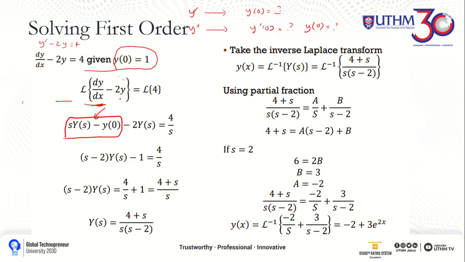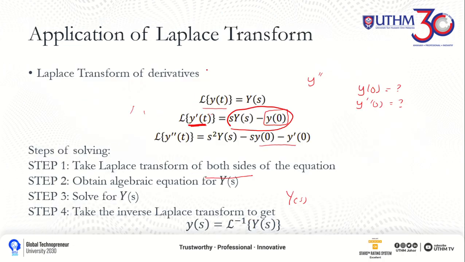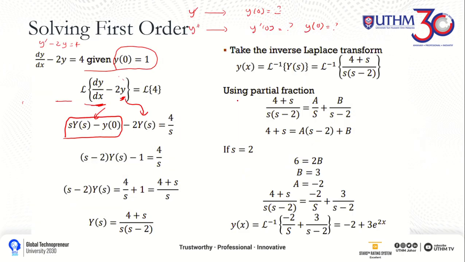And then when you do the Laplace transform for 2y, for y, basically you will get Y(s). The Laplace transform of y(t) gives capital Y(s), so for this one you will get 2Y(s). And then Laplace of 4.